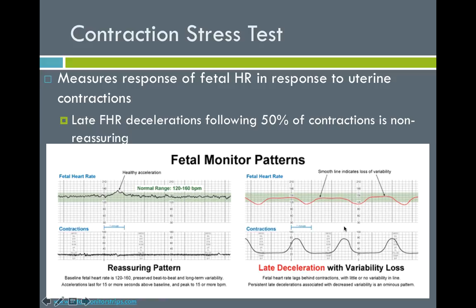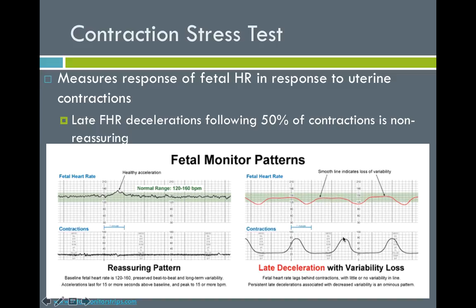Over here, when we're looking at late decelerations with variability, we have contractions that occur here, and then we have a late deceleration and loss of variability. Over here we see this kind of sawtooth line, and here you're not seeing that.